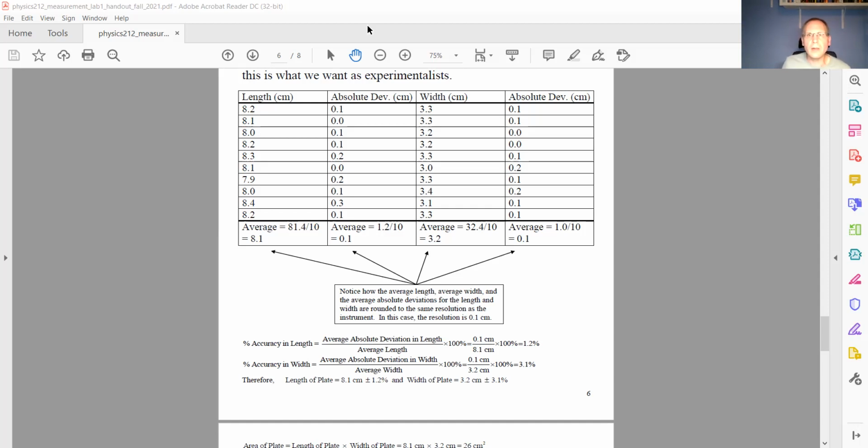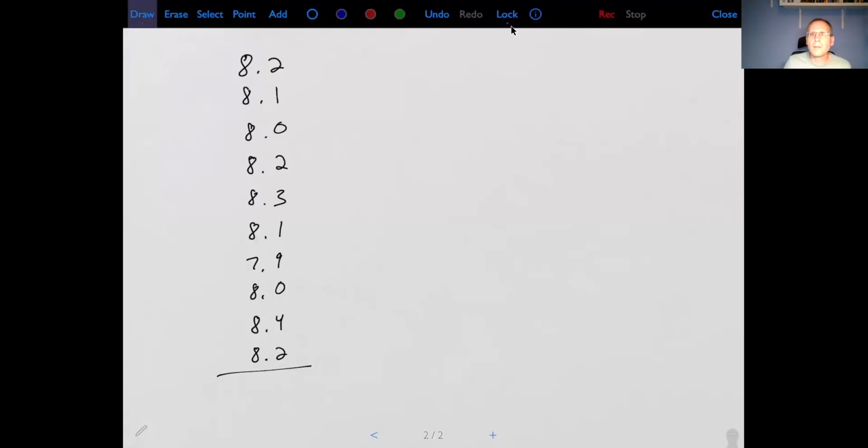Okay, so let me go to the iPad. These are my 10 values of the length, and they're in centimeters. Now, the first thing you should notice is that each of these values is to one decimal place.